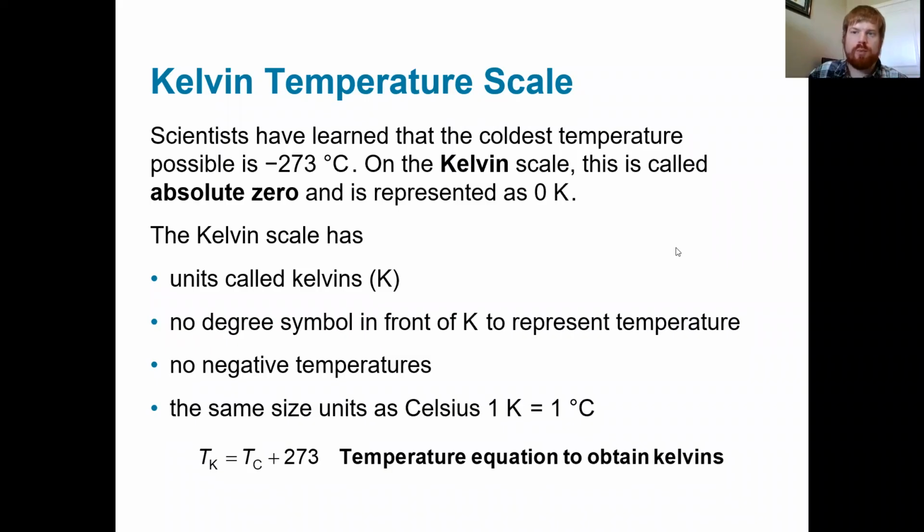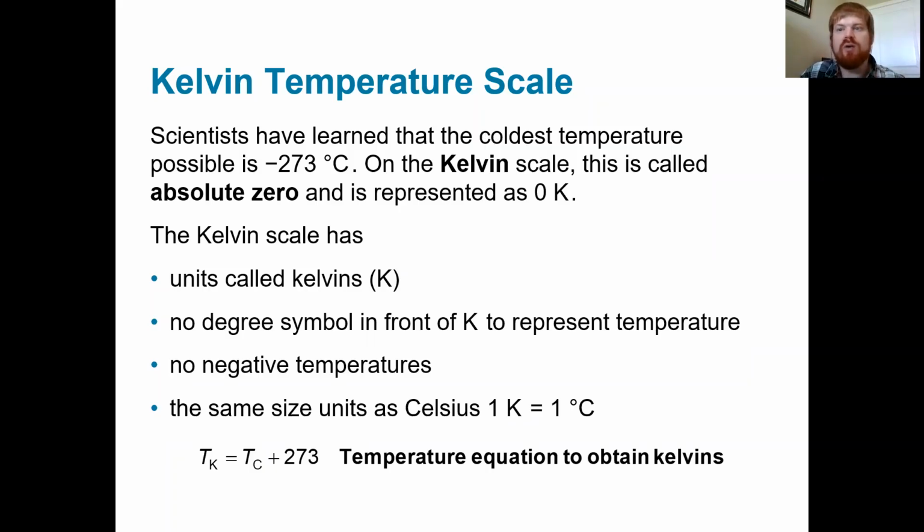So a few more important differences for the Kelvin scale compared to Celsius and Fahrenheit. Note that when we talk about kelvins, we actually don't use the degree unit, right? So the lowest possible on the Celsius scale, absolute zero, is negative 273 degrees Celsius. That is just 0 Kelvin. There's no degrees there because it's not a degree scale, basically.